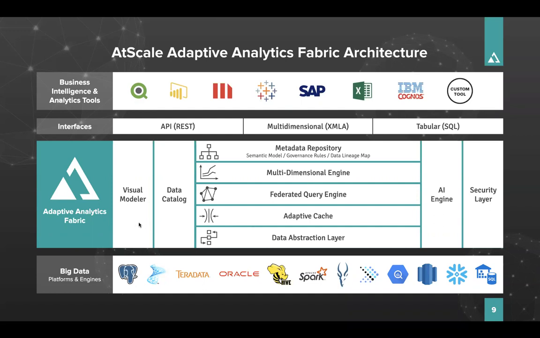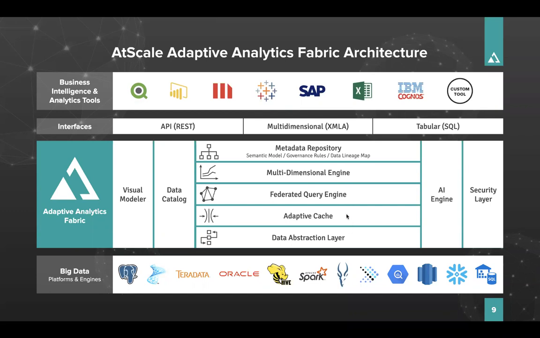You're going to see our visual modeler that we call Design Center, which is our equivalent to BI Studio in SSAS. You're going to see our multi-dimensional engine, and we're going to show you federation today, blending data across Snowflake and Redshift.